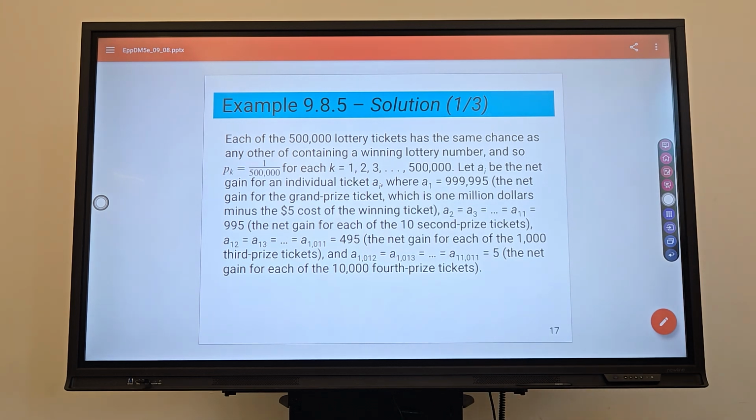Likewise, $995 is the net gain for each of the 10 second prize tickets, $495 the net gain for each of the 1,000 third prize tickets, and $5 the net gain for each of the 10,000 fourth prize tickets.